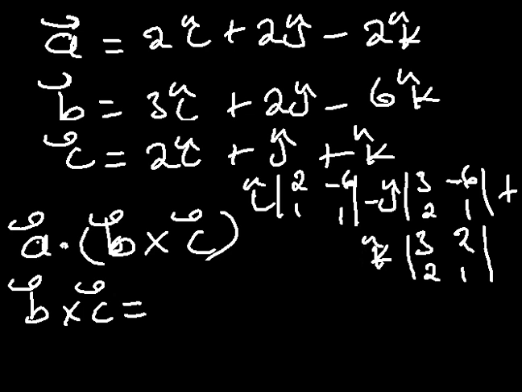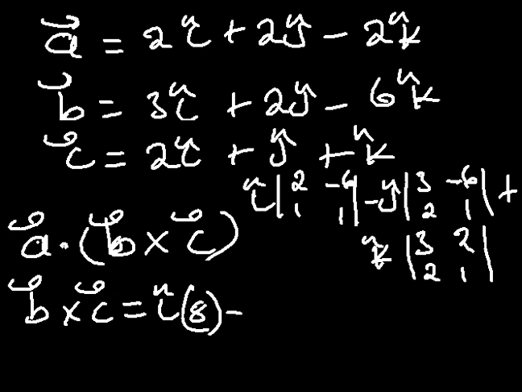From there we'll have i times 2 times 1, that is 2, and minus 1 times negative 6, which is positive 6. So 2 plus 6 is 8.